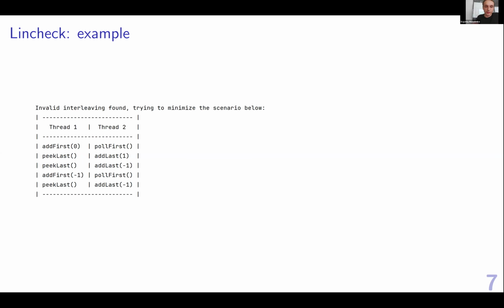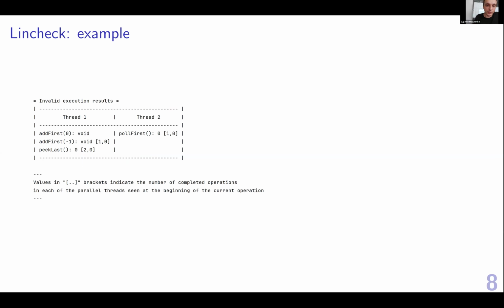And it reports that it has found some bug, and then it tries to minimize it, meaning that it tries to randomly remove some operations to see if the bug is still present. After some number of minimization iterations, it arrives at this scenario shown on the slide.